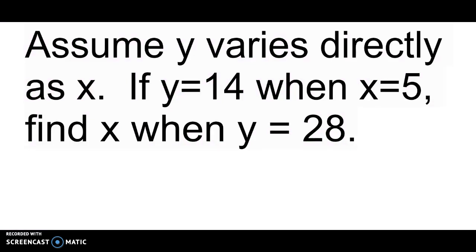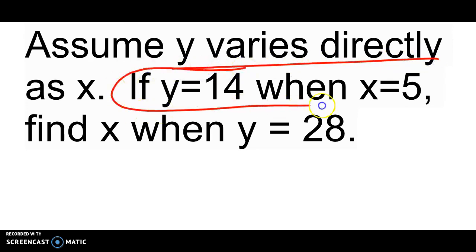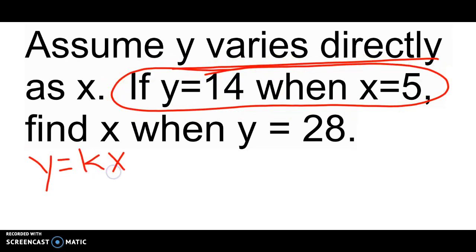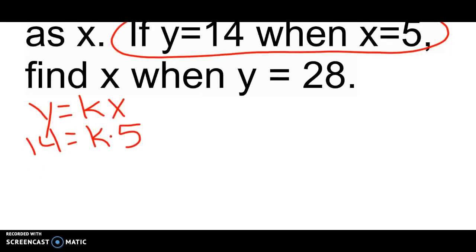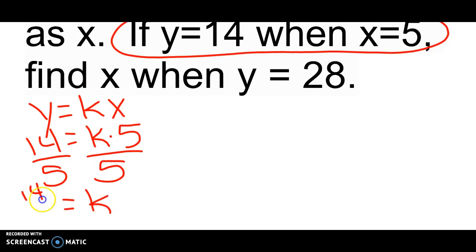Okay, so when you're missing a value, you're told that it's a direct variation, all right, and you know 1 point, okay? So you can go through and plug it in and figure this out, all right? So you're going to plug in your y, and you're going to plug in your x, which is 5. To find k, you're going to divide by 5, and you get k is equal to 14 over 5.